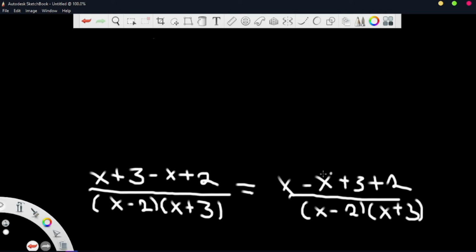So notice that when these x's cancel, then I will have 5 over x minus 2. Let me just rewrite that properly. I'm going to have my 5 over my x minus 2, which will be multiplied by my x plus 3.